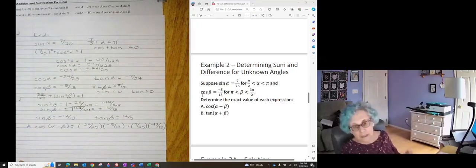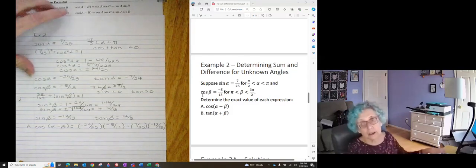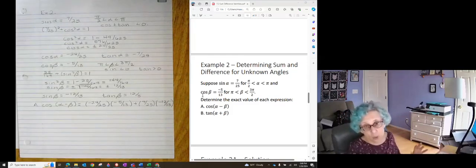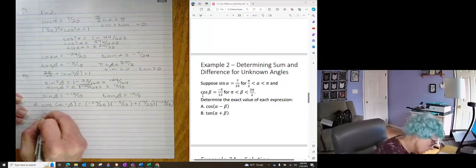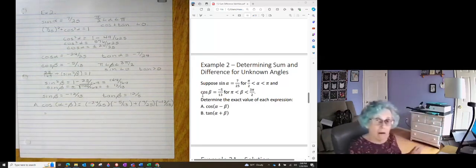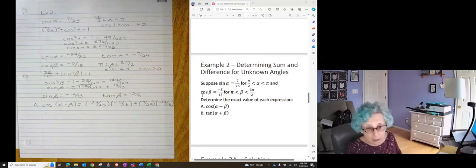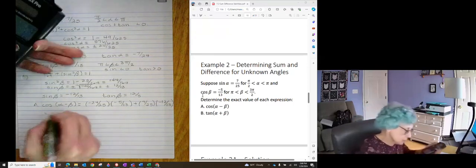Now, if this were a test question on test number 2 where you can't use your calculator, I would be okay with you leaving it just like this. If it's a homework problem, then I would like you to go ahead and simplify it, because it's not that hard. You already have a common denominator. So we would have 24 times 5, which is 120.